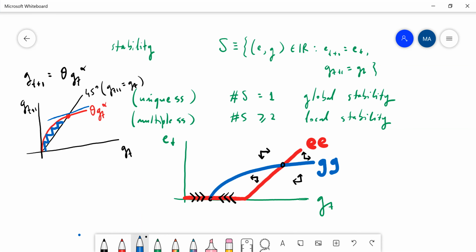For this reason, when E is 0, this steady state is stable, because E doesn't change. And if G is larger, this is, by the way, the threshold, theta to the 1 over 1 minus alpha.